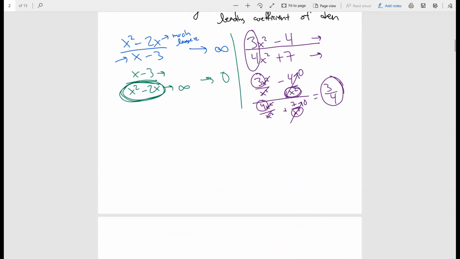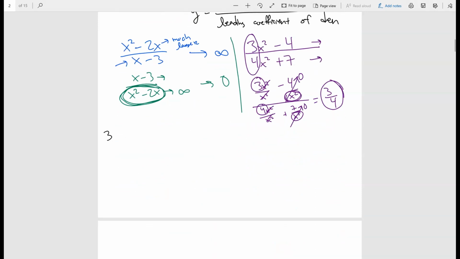Now, when we talk about holes, and I'll briefly talk about them here. When we talk about holes, one of the most important things to know is that they kind of act like the vertical asymptotes.